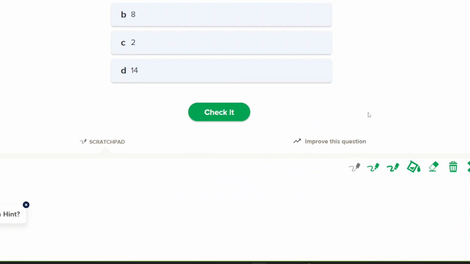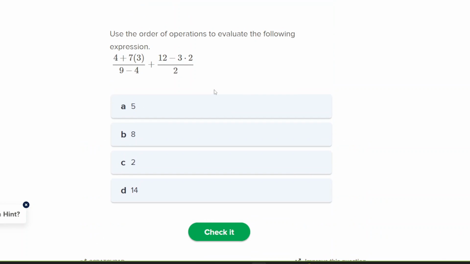So for example here, the first fraction in this expression has above the fraction bar, in the numerator, 4 plus 7 times 3, right? And then the fraction bar. And then below the fraction bar in the denominator, 9 minus 4, right?